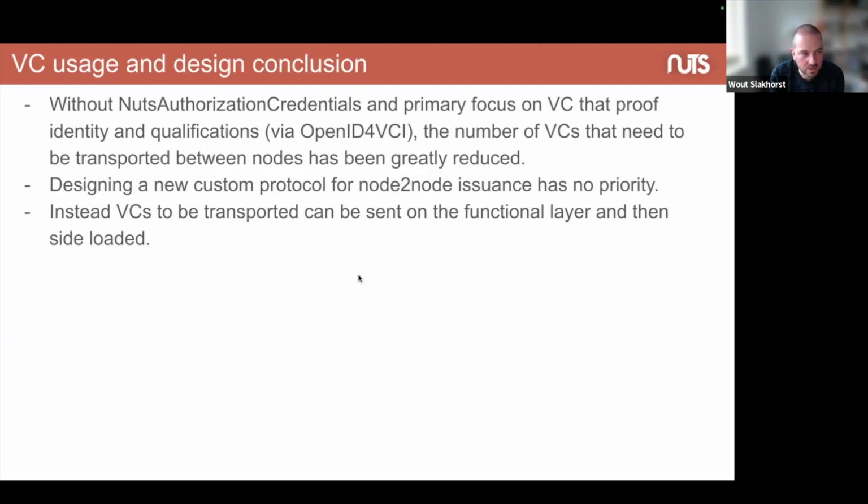And if you look at verifiable credentials and wallets, you see that the main usage is to determine certain claims and traits about the holder, which are predominantly about identification and qualifications. And if you look at it that way, the number of verifiable credentials you will own in your wallet will be limited.